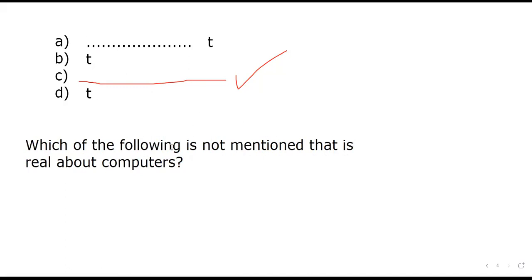What I also do is I underline the information, like I told you. This information, yes, this one is here, this one is here. So they are the only 3. So there is one option that is out, or that is strange, or that is odd. So that information is the correct one, because you have 3 real or true informations, and the last one is the one that is not mentioned about computers.